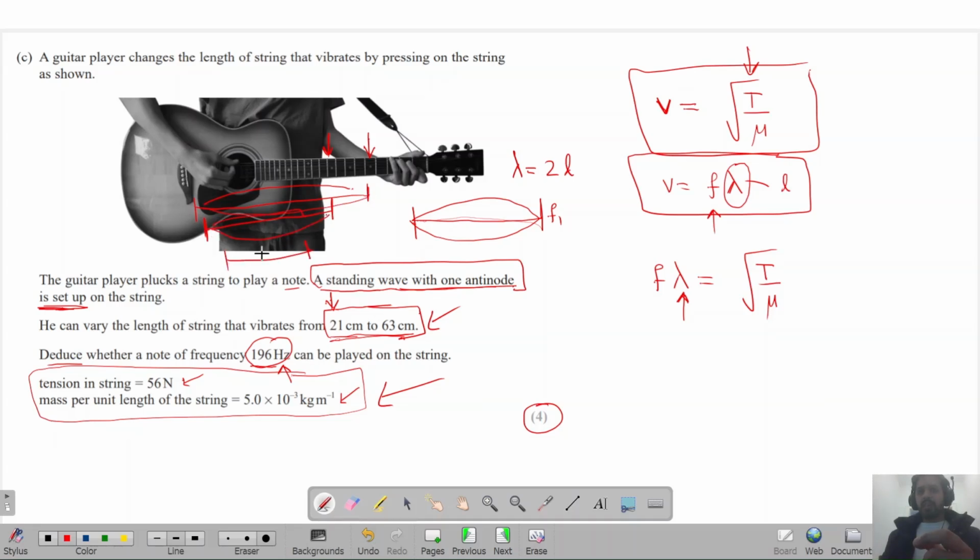So the shape of the wave will be the same. That's why this same equation will apply to any frequency, because we are still working with the same fundamental frequency, a standing wave with one antinode. So that's why I can replace this lambda with 2L.